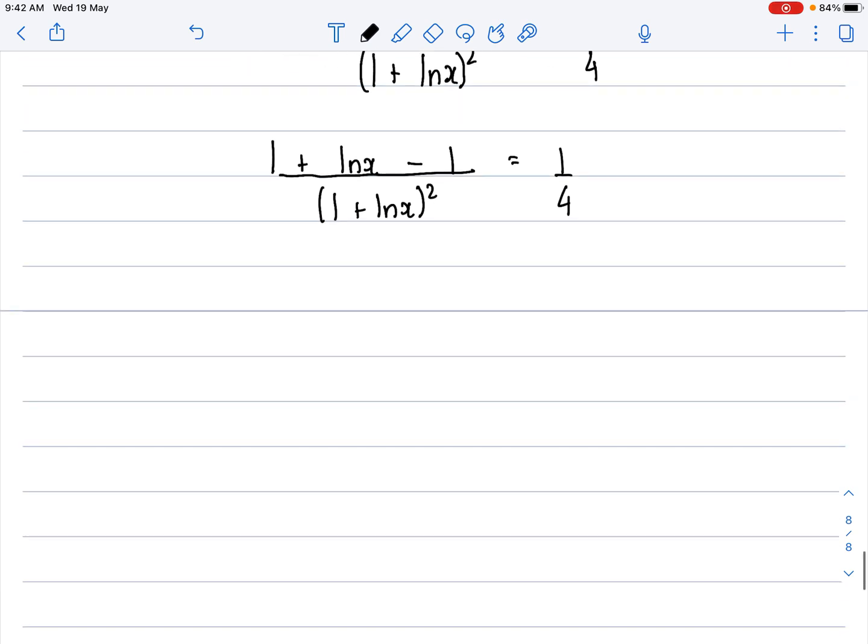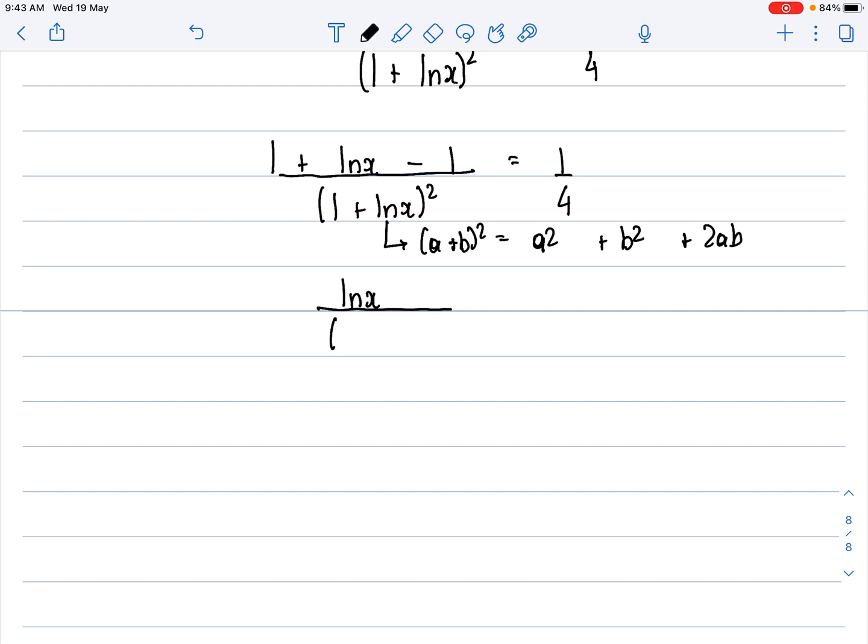Now I can write this as ln x over, because 1 minus 1 gets cancelled, 1 plus ln x the whole square. I know this is (a plus b) the whole square, which is a square plus b square plus 2ab.